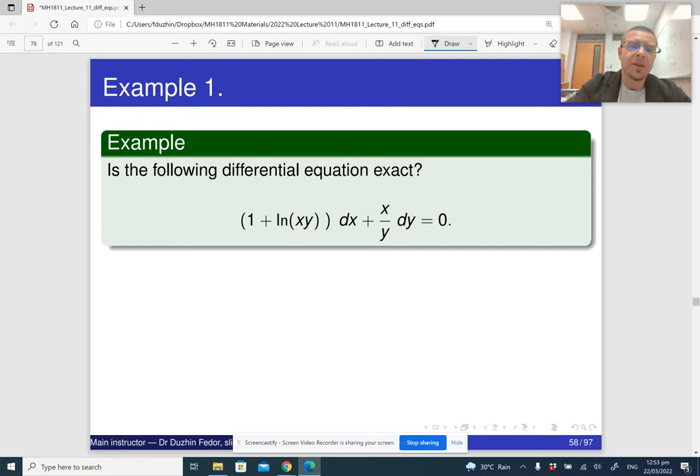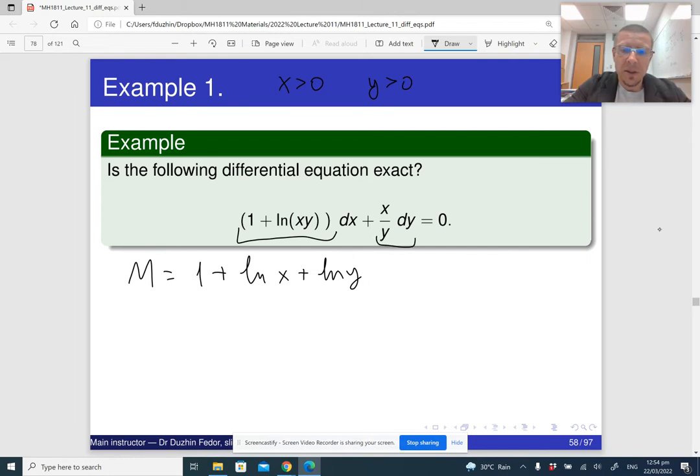Now let me here assume that both x and y are positive, just for simplicity, right? So in that case, my M is going to be 1 plus the logarithm of the product, which is the sum of logarithms, ln x plus ln y, right?